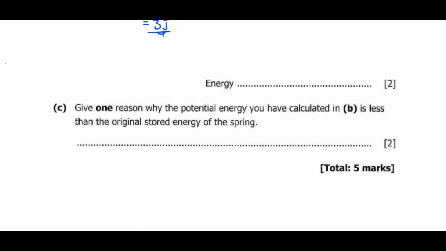Then give one reason why the potential energy you have calculated in B is less than the original stored energy of the spring. The reason is that after the spring is compressed and allowed to go up freely, not all the energy was transferred onto the ball. So some of the energy may be changed into another form. We know that energy cannot be destroyed but can be converted. So some of the energy was converted into maybe sound.